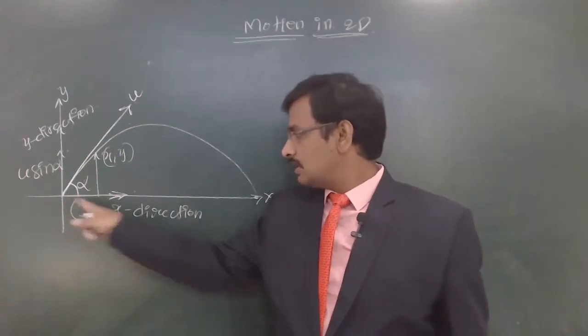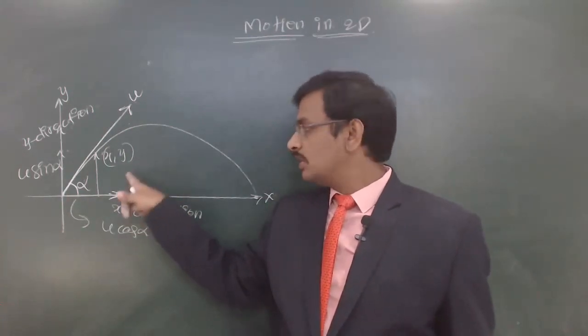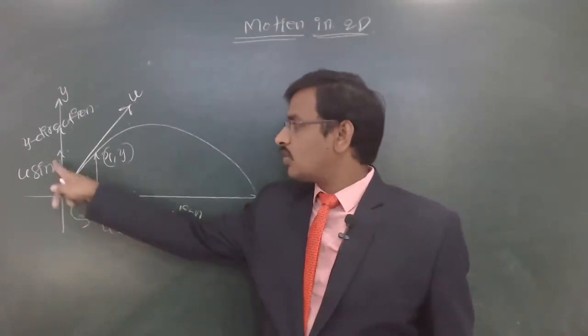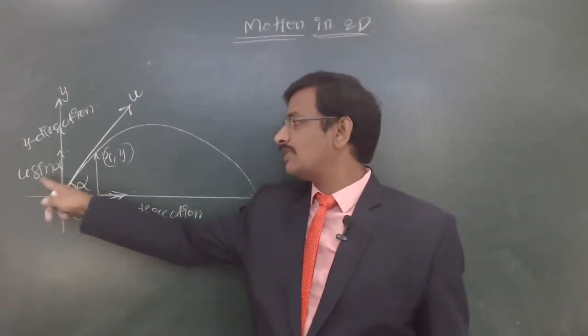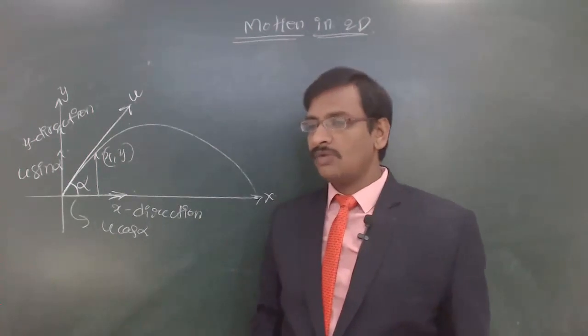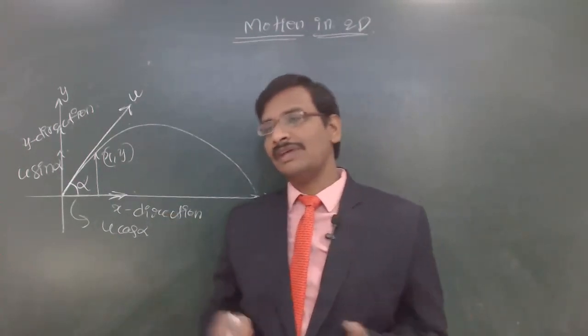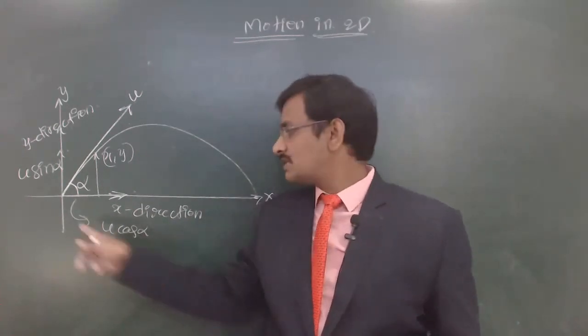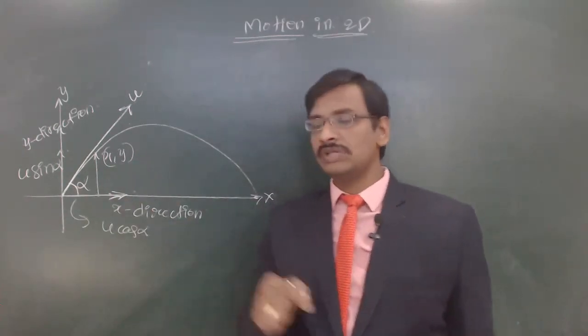One is the horizontal rectilinear motion, which is thrown with a velocity of u cos alpha, and the vertical component, which is thrown with a velocity of u sin alpha. Now I have divided the projectile velocity into two different one-dimensional motions, one with a velocity of u cos alpha and another with u sin alpha.